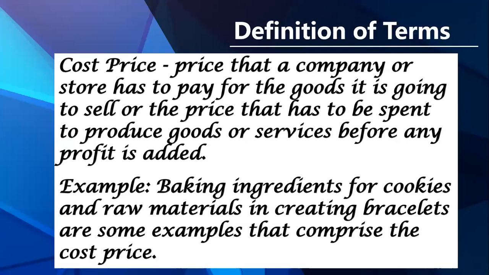For example, when we are going to make or create a product, like food, we need ingredients. All that we spend when buying our ingredients is included as the cost price.